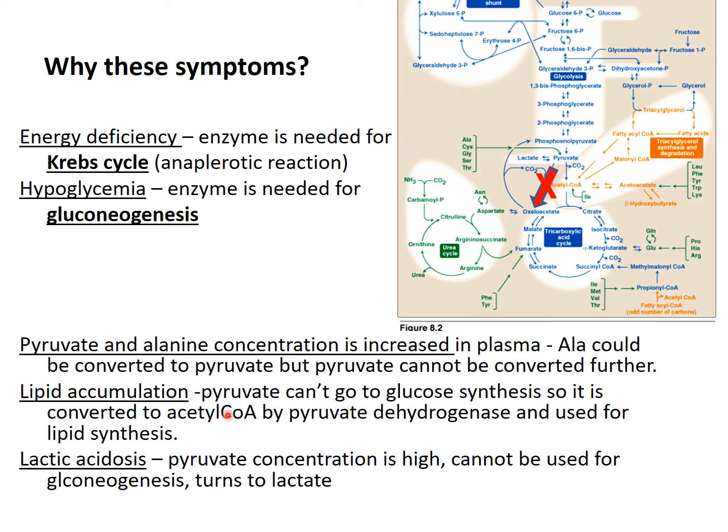We also see lipid accumulation because if this cannot work, then the Krebs cycle will not work very well either, and the acetyl coenzyme A will be pushed, despite the hormonal signal that would not really allow fatty acid synthesis in this situation, to produce fatty acid. And lactic acidosis, again, because pyruvate now is forced to be turned to lactate.